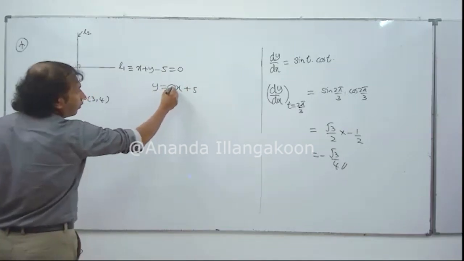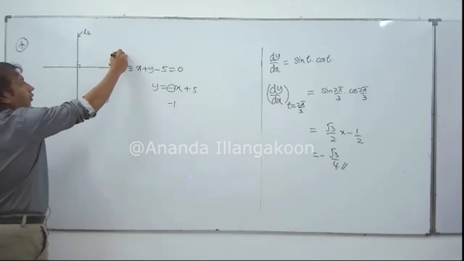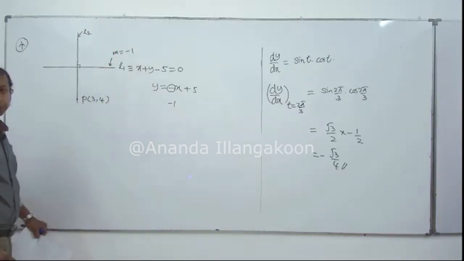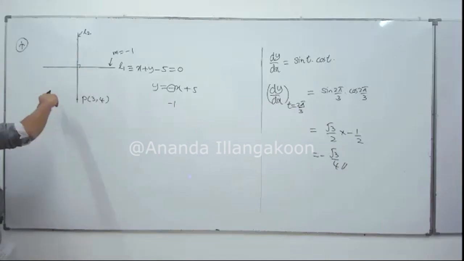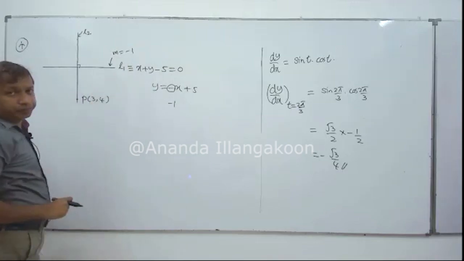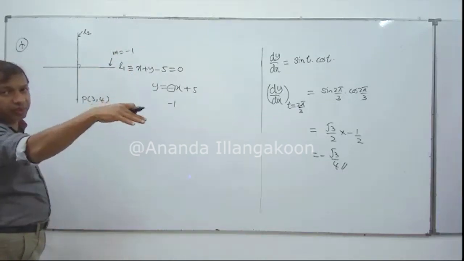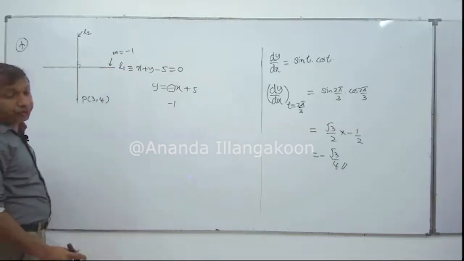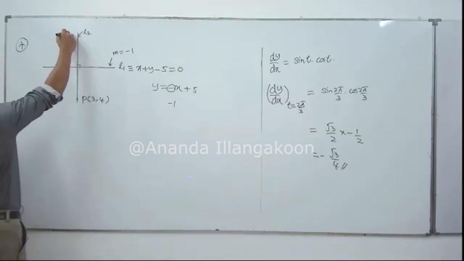The gradient of this is minus 1. Understood? Then the perpendicular line, I will find its gradient: the reciprocal of this, multiplied by the minus sign. Reciprocal means 1 upon minus 1, again minus 1, multiplied by the minus sign, you get plus 1. Therefore the gradient is plus 1.